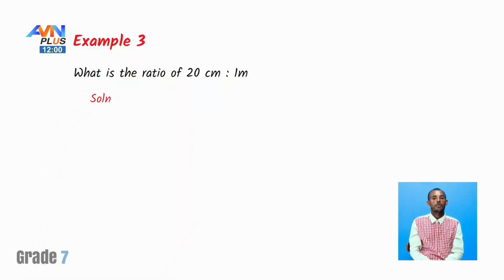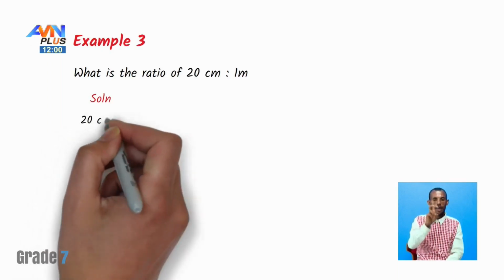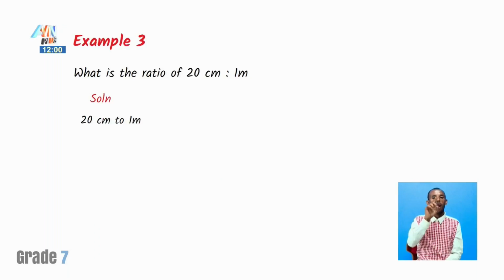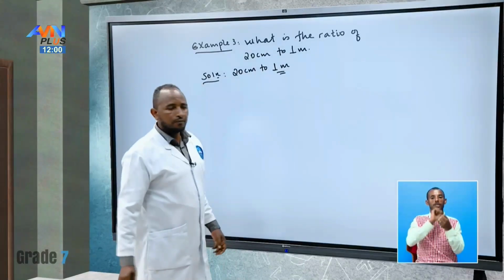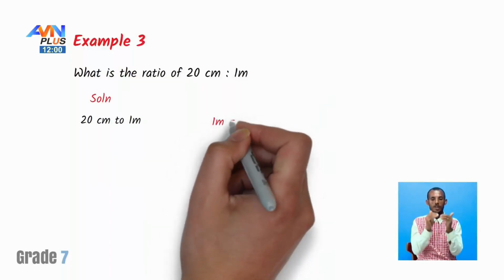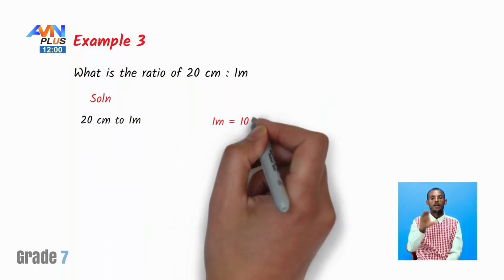We are asked to find the ratio of 20 centimeter to 1 meter. I have to change this into centimeter. From your lower grade lesson, 1 meter is equal to 100 centimeter.